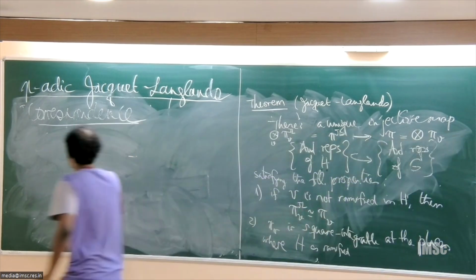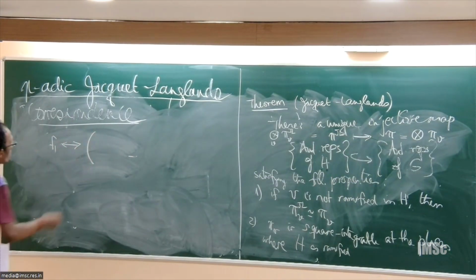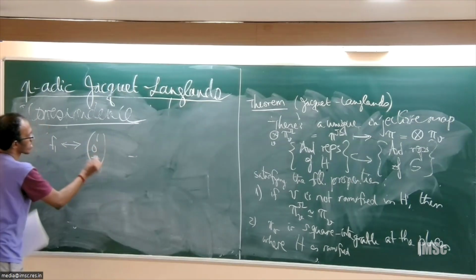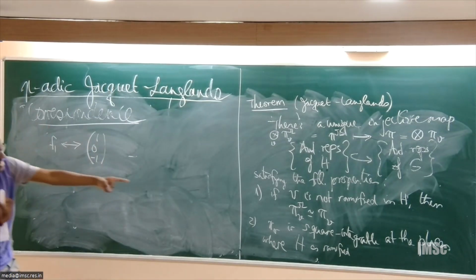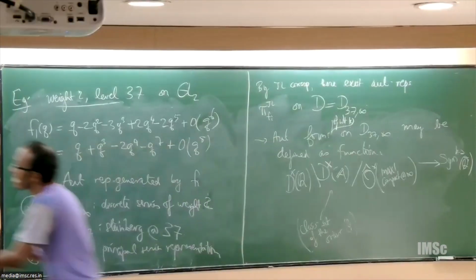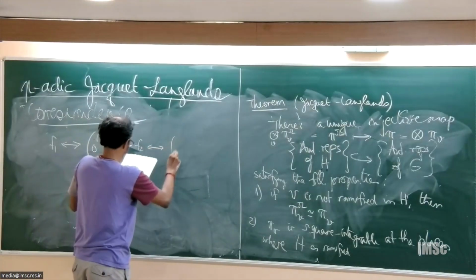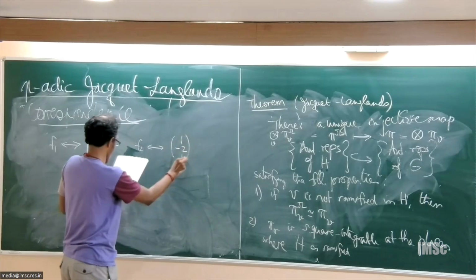So F1 will transfer to the form (1, 0, -1). These are the three classes in this class set. I have to give you an element of Q̄ for each one of these classes. For F1, it's (1, 0, -1), and for F2, it's (1, -2, 1).